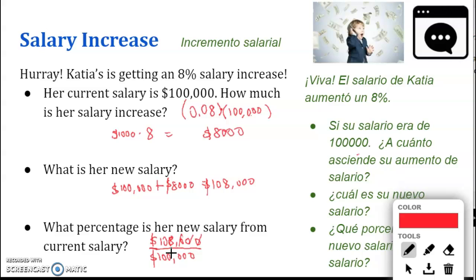All the zeros cancel out. It's 108 divided by 100. That is 1.08 in decimal, which is the same as moving the decimal place 2 to the right: 108%. So that's the percentage.